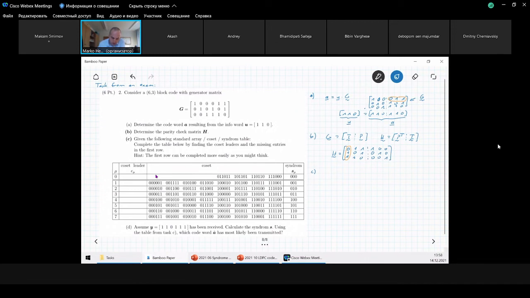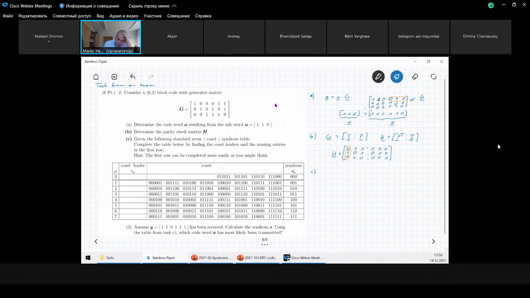It was thought this way: you know that all the rows of G will be valid code words. And of course, also all the linear combinations, meaning the all 0 code word must be a valid code word. If you look at the valid code words down here and at the rows of G, you see exactly that the missing ones are the rows of G and the all 0 code word.